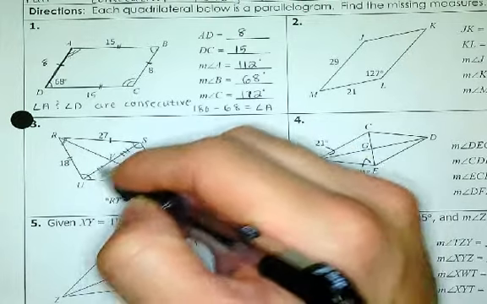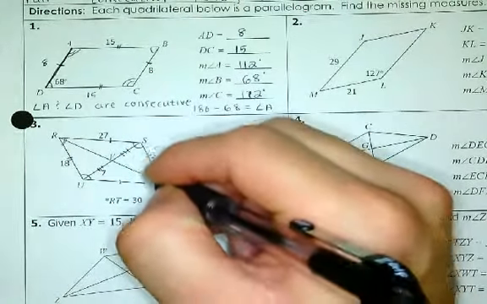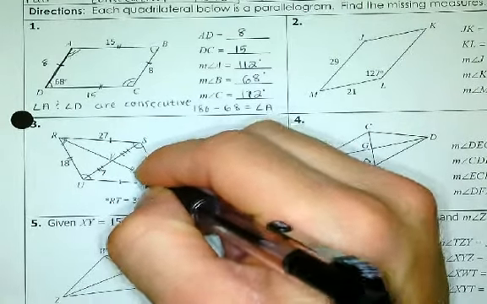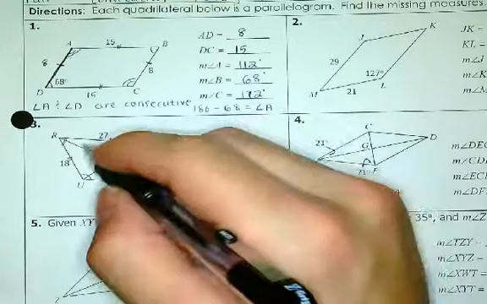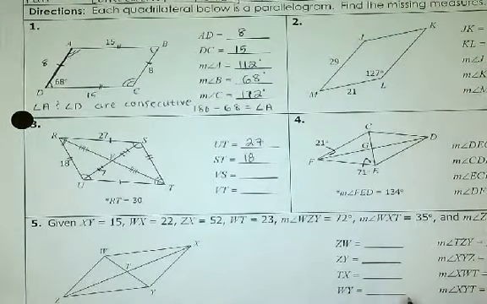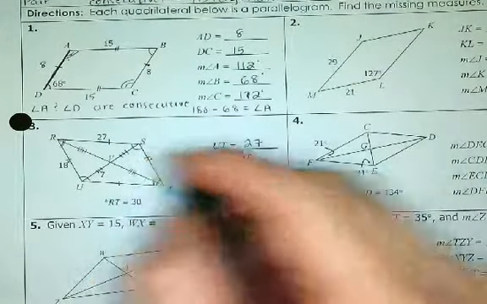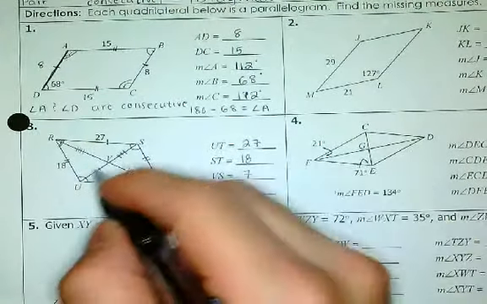So UV and VS are congruent, and then VT and RV are congruent. We may need some more information for that guy. We'll come back to that in just a second. So VS is 7 because UV is 7.